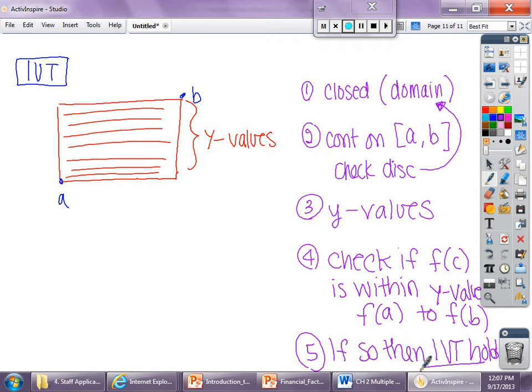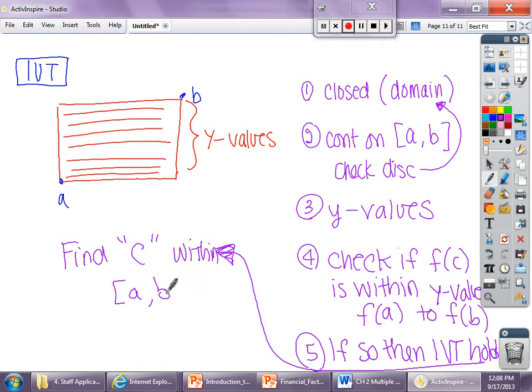If so, then IVT holds. Find c within a to b.